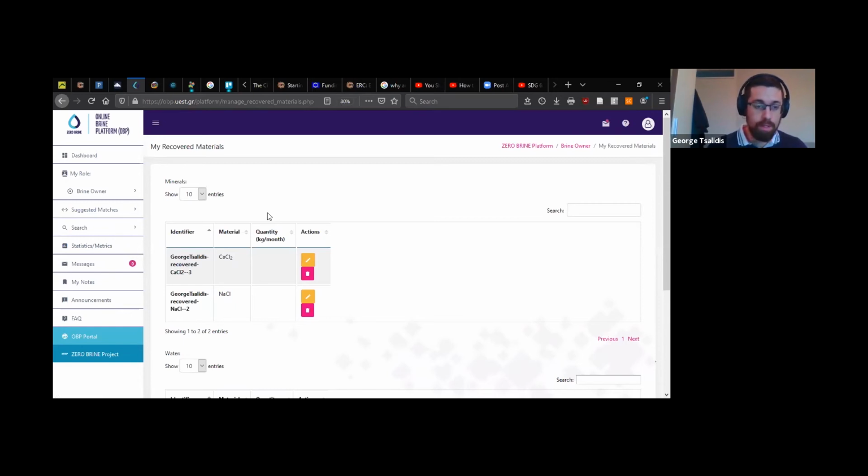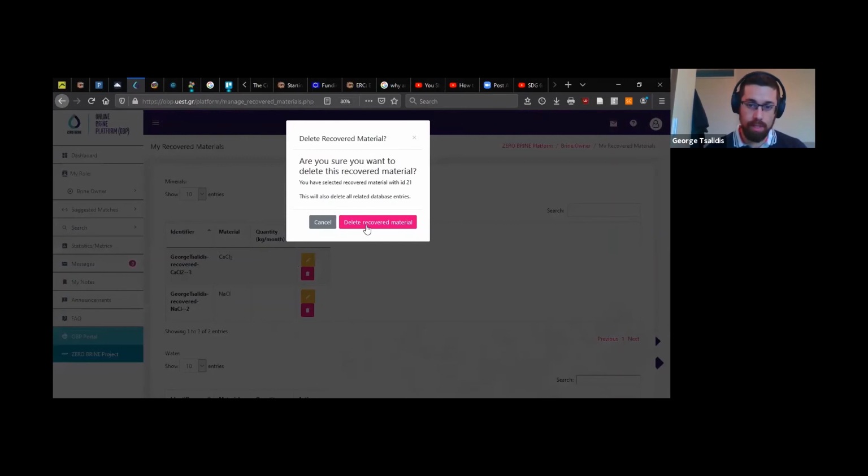Let's say, however, as you can see below my role, between my role and search buttons, there are suggested matches, and I will discuss a bit later the 2 levels of matches when I show the end users. And for this reason, let's delete everything in order to change my role.